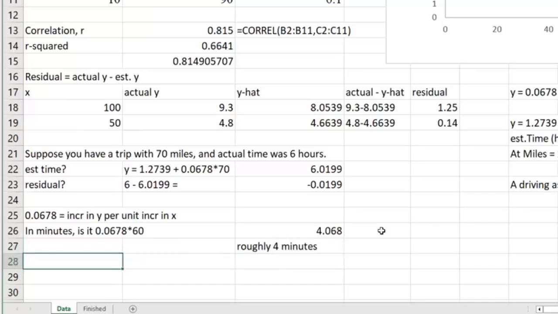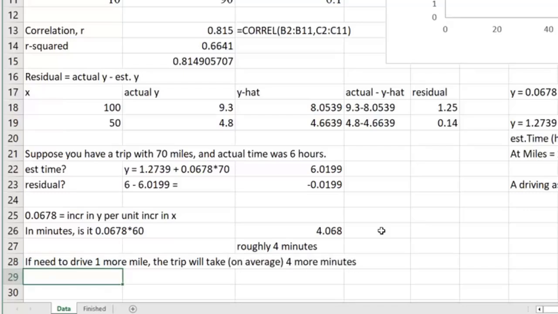So this implies that if you drive 1 more mile, the trip will take, on average, 4 more minutes. Now, what if you drive 1 fewer mile?